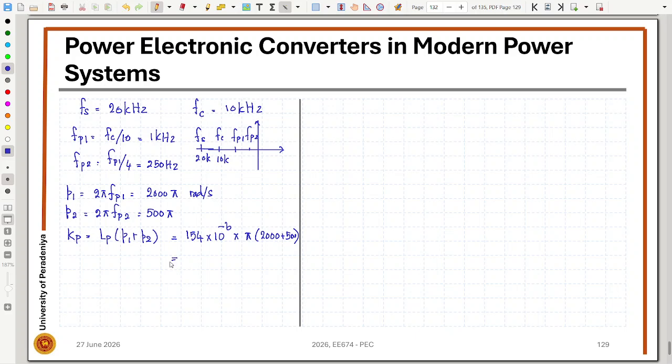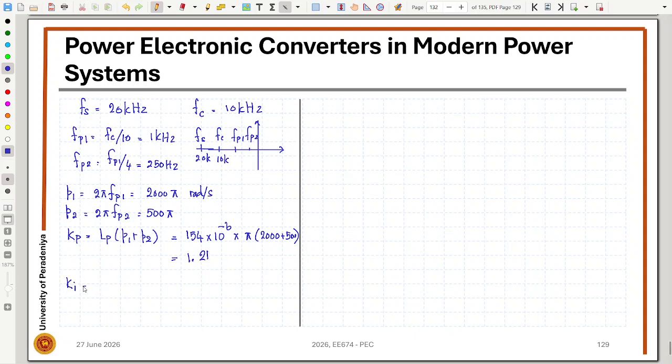So this will give us Kp as 154 times 10 to the minus 6 times 2π times 2500. So this will give the proportional gain value as 1.21.